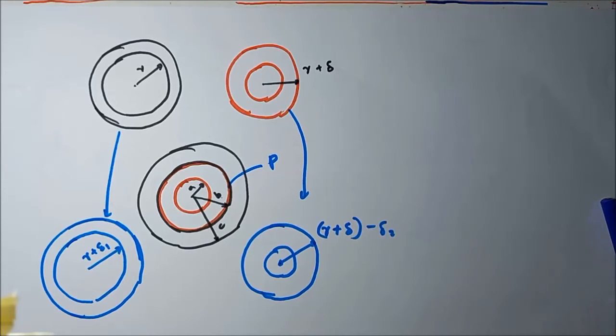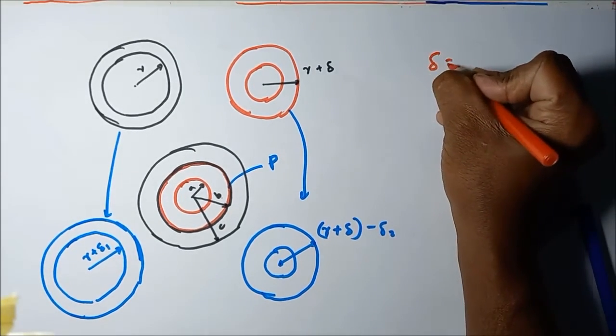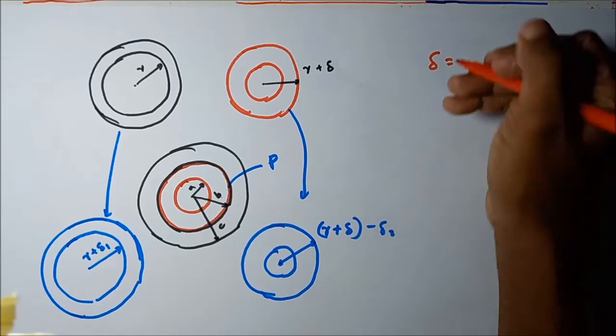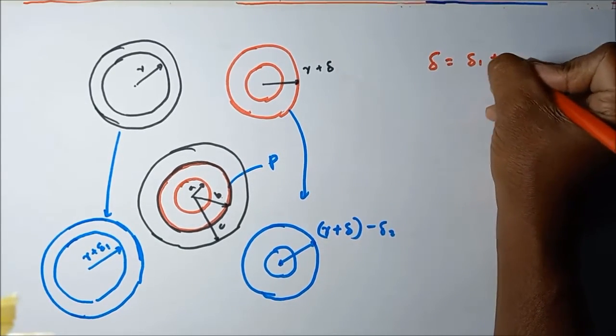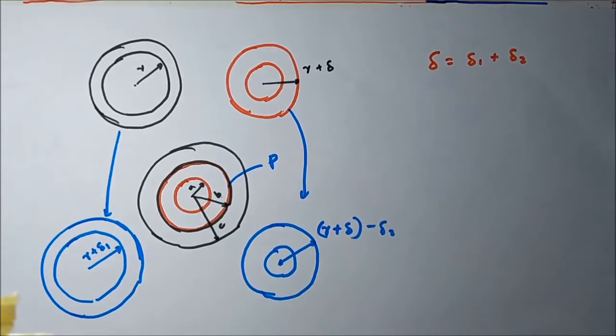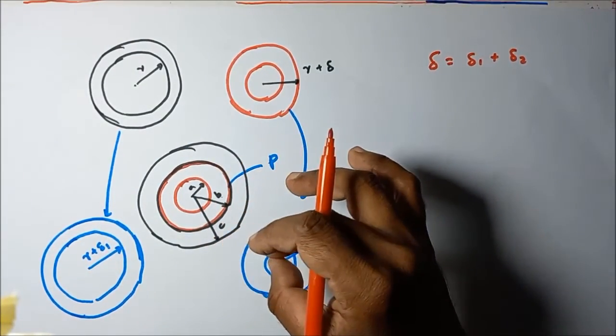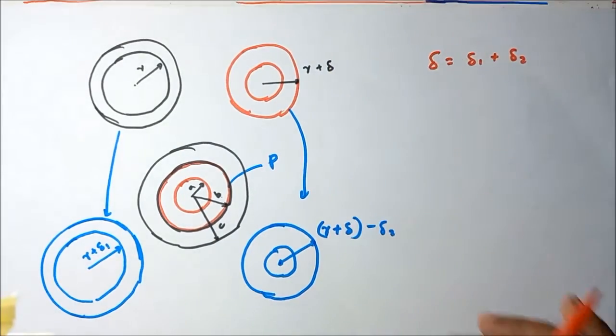Then we can write the basic equation: delta is equal to delta 1 plus delta 2. That means the total deformation developed in both the cylinders is equal to this shrink fit tolerance.